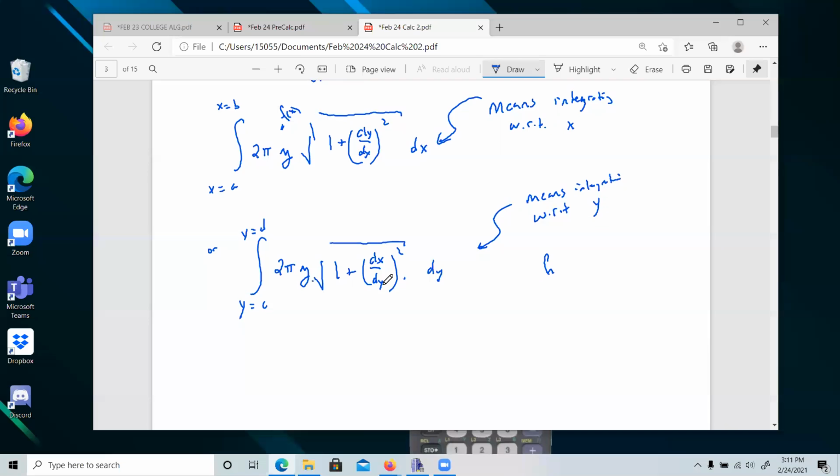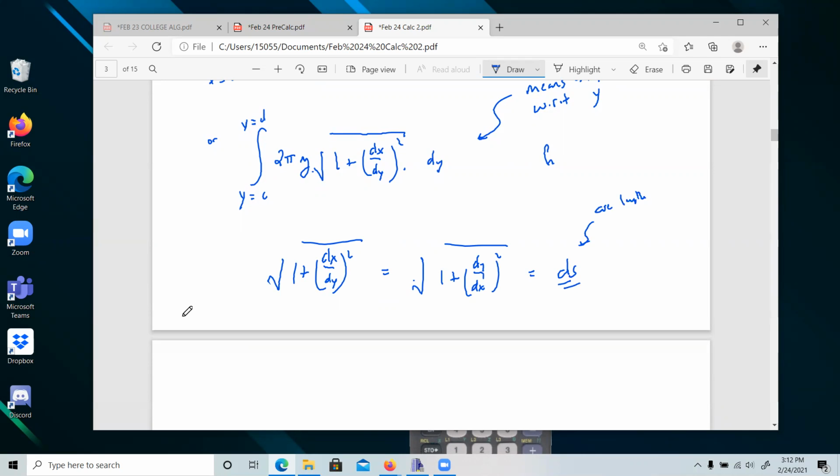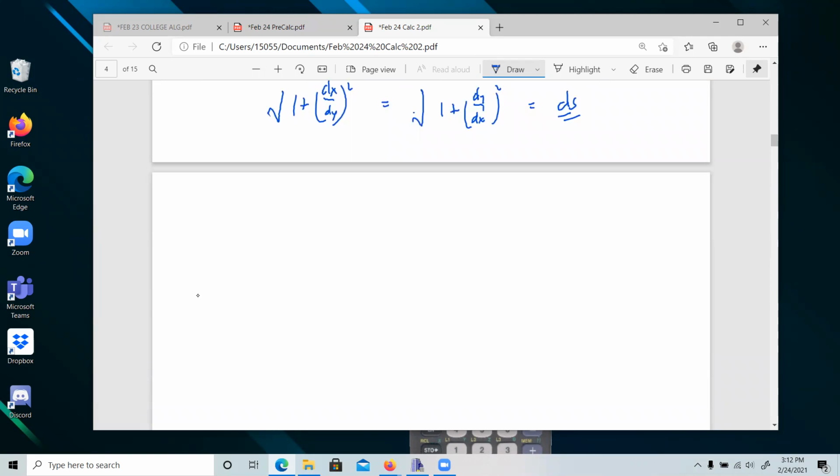Okay. We could also revolve around the other axis, but you know what? Since that 1 plus dx over dy squared was equal to 1 plus dy by dx squared was just equal to ds, that's the arc length. We can just replace the formula by arc length and not worry about it so much. Okay. So my surface area is equal to the integral of 2 pi y times ds.